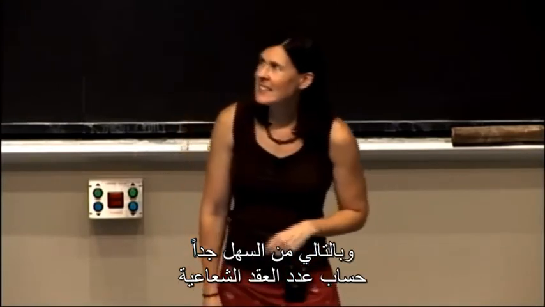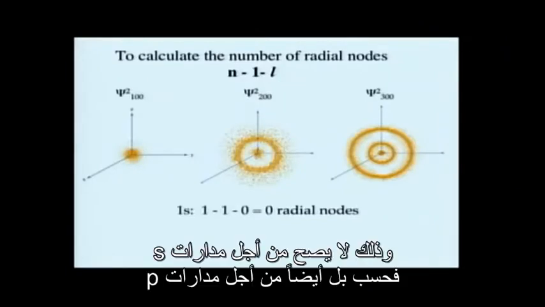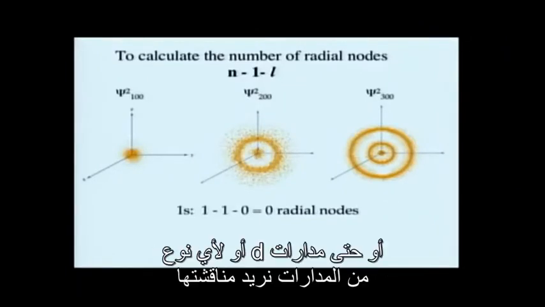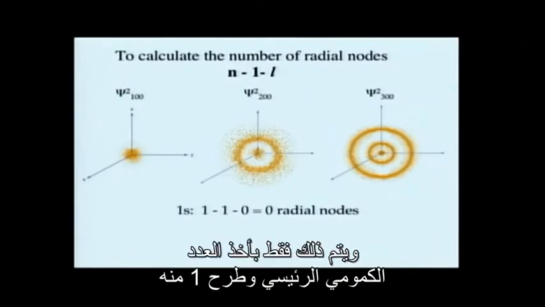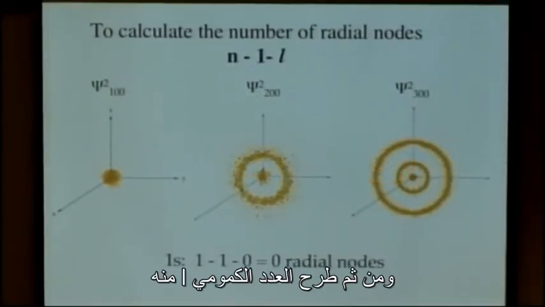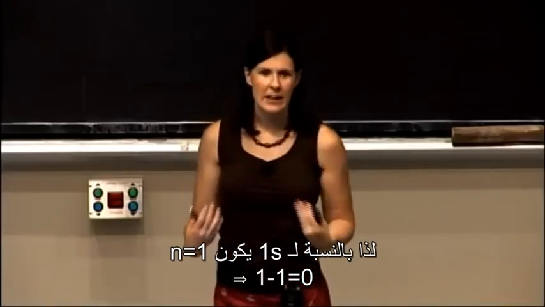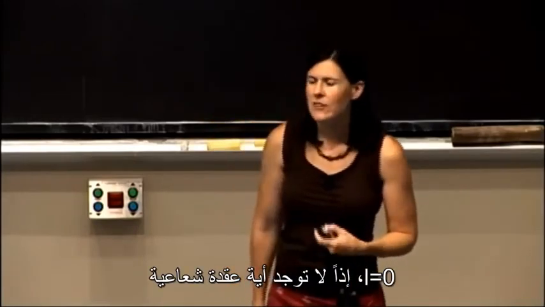So it's very easy to calculate, however, the number of radial nodes, and this works not just for s orbitals, but also for p orbitals or d orbitals or whatever kind of orbitals you want to discuss. And that's just to take the principal quantum number and subtract it by 1, and then also subtract from that your L quantum number. So what you can do for 1s is just take 1 minus 1, and then L is equal to 0, so you have 0 radial nodes.